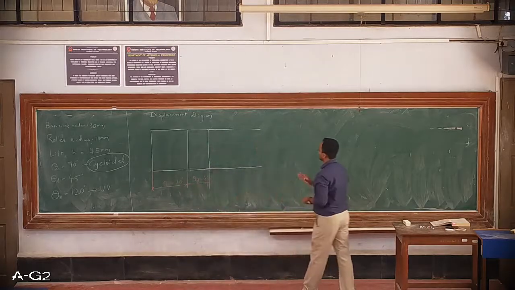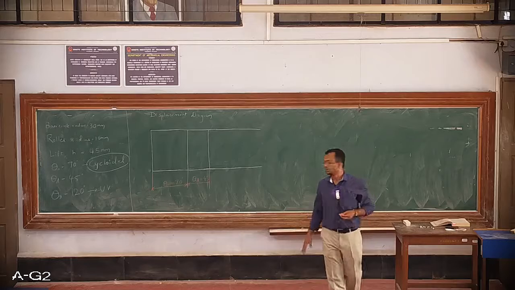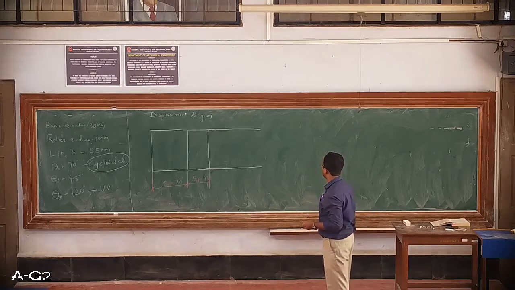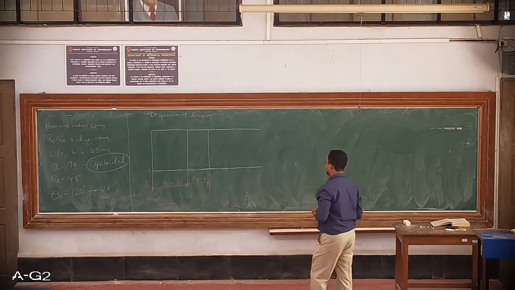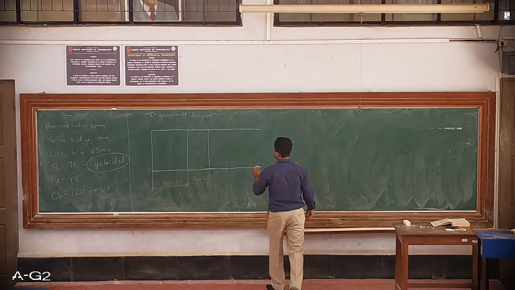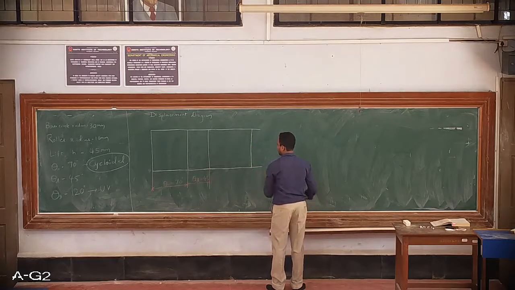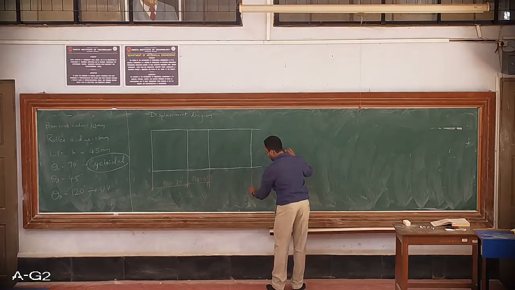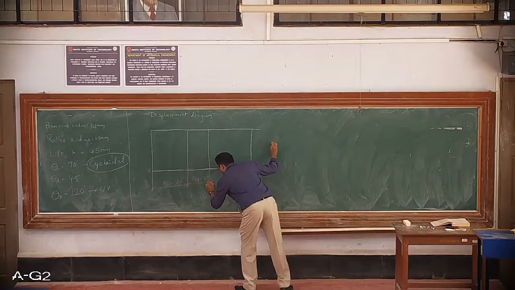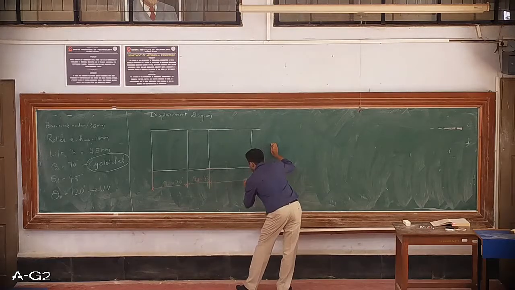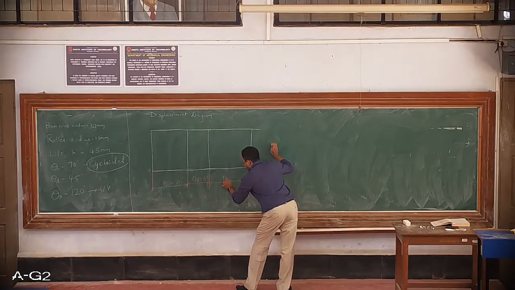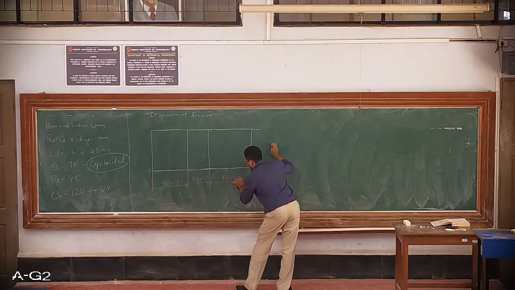I have got the rise stroke, I have got the dwell stroke. At the end, we are supposed to mark the return stroke, which is 120 degrees. That means 12 centimeters. So this is theta r, return stroke, which is equal to 120 degrees.